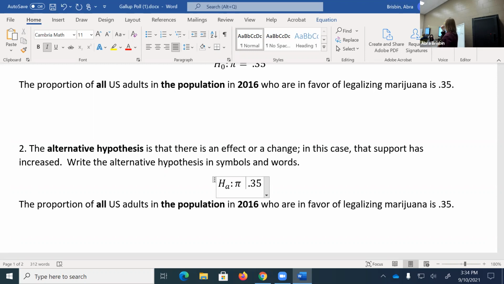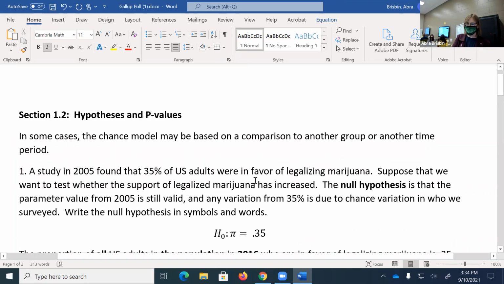So what symbol should we use for this study? Yeah, why is it greater than? Because we expect that there are going to be more people supporting the legalization of marijuana than there were in 2005. Yeah, that's the research question that the researchers were interested in.